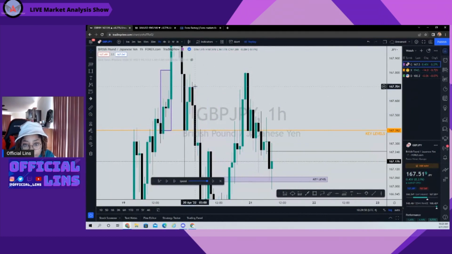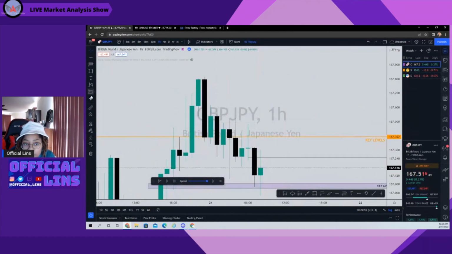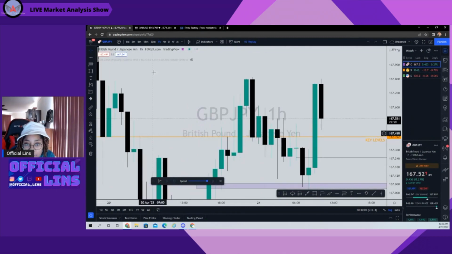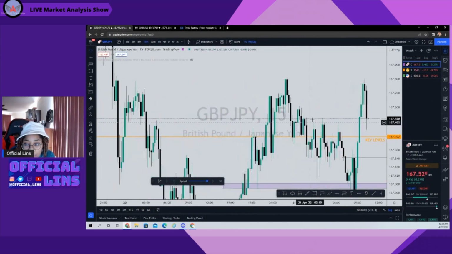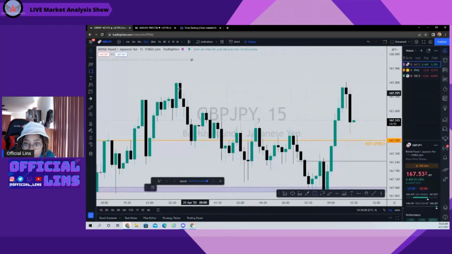Okay. So with that said, I'm thinking if this is a breakout, if price breaks through, it should continue up. And that's exactly what it did. It's just that I didn't get the closures that I wanted. And then after that, you can see she still kept moving up, straight to this resistance area.